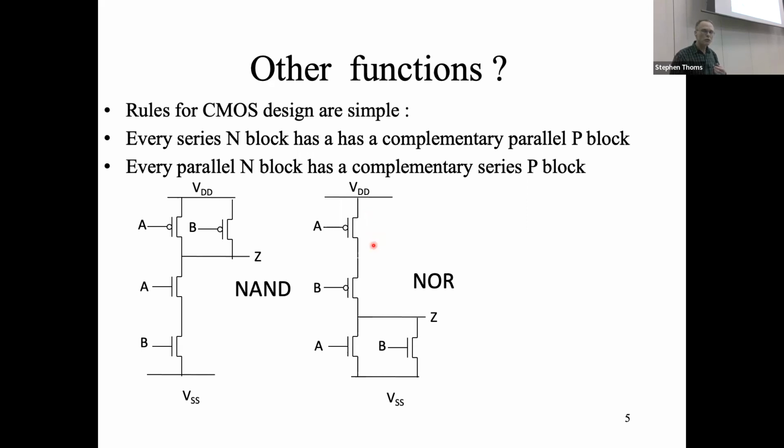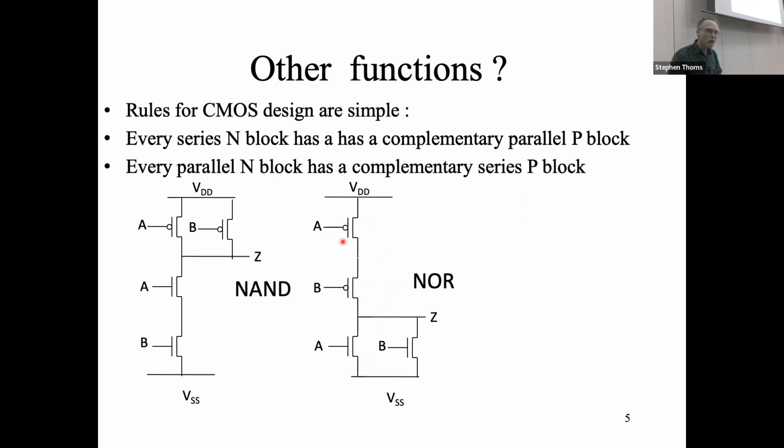So for instance, with a NOR gate, you would say it's OR followed by an inverter, of course. And if both A and B were low, then both those transistors would be active, and you would pull this high, which is correct.